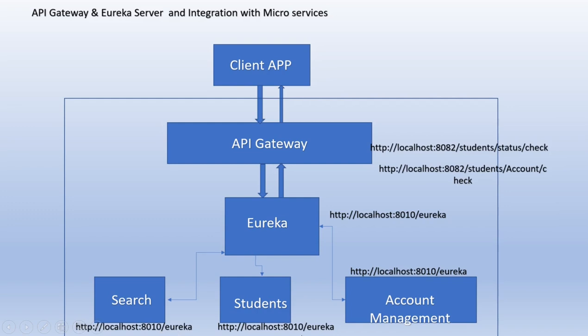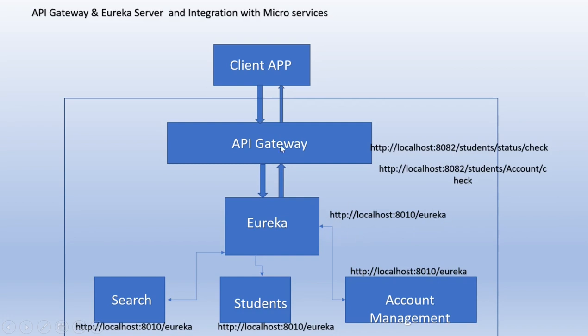But the path will change: here eureka slash search, here eureka slash students, and here eureka slash account management. And Eureka is running under port number 8010. The API gateway is also running on a separate port, 8082.